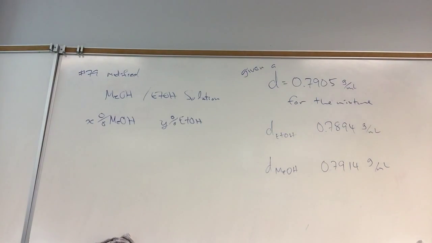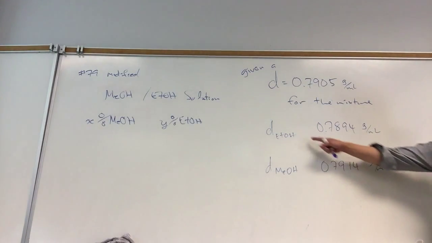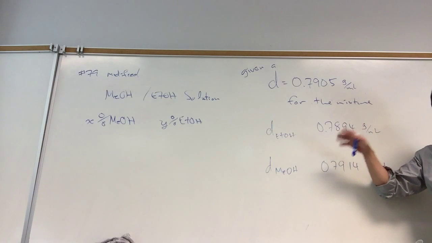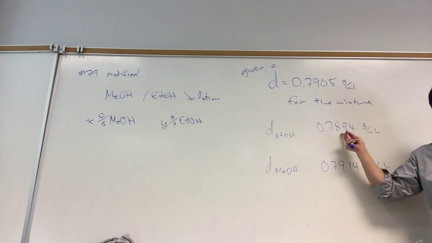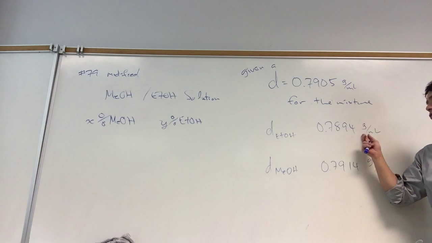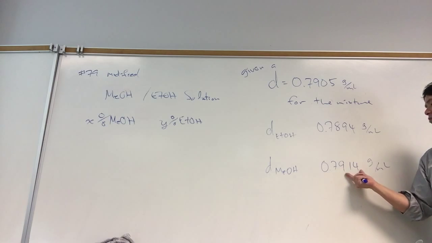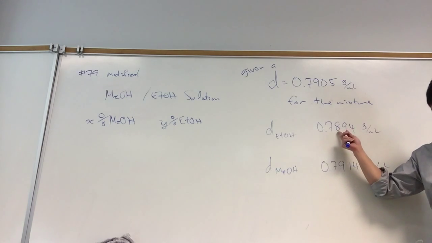And so here we already see it. At one extreme, if this is pure ethanol, what would its density be? Pure ethanol, no methanol, its density should be that of pure ethanol, 0.7894. If this were pure methanol, then it should have a density of 0.7914. So the two densities are different.